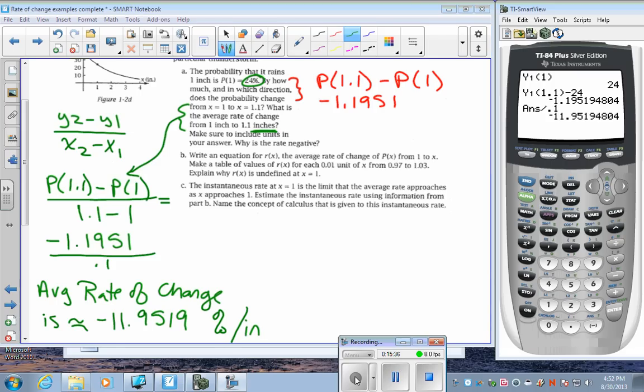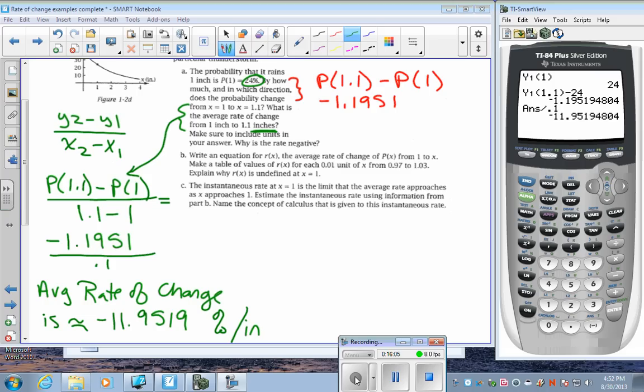So when we talk about the real world aspect, the fact that it rains a little bit, the probability of it raining a little bit is quite high. The probability of it raining 1 inch is 24%. The probability of us having 10 inches of rain is very slim. So as far as the real world goes, this rate of change is negative because it's less likely that we will have a lot of rain.